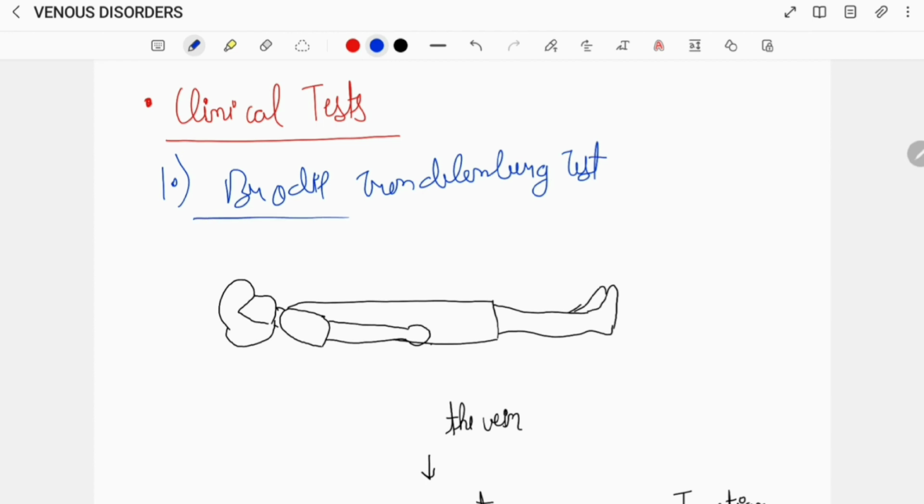Here, what we do is we ask the patient to lie in supine position, after which we empty the vein.